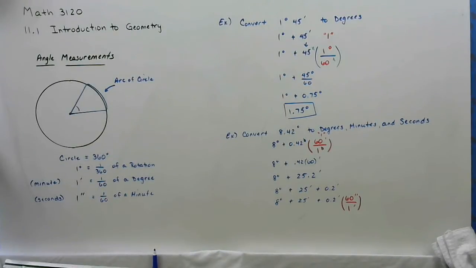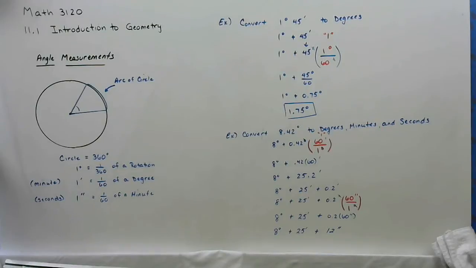Now, just like with stoichiometry, just like with reducing, I'm left with 8 degrees, 25 minutes, and if I do this arithmetic, notice our units of measure cancel, and I am left with 0.2 times 60, which gives 8 degrees, 25 minutes, and 12 seconds.